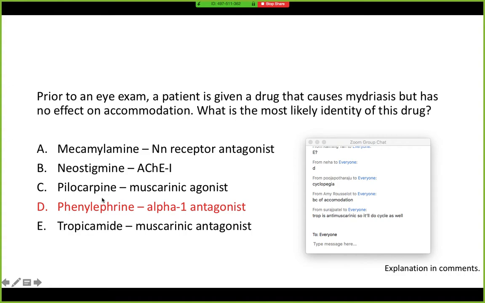So, with pilocarpine, instead of mydriasis, you're going to see miosis. And then with these other two, you'd also see cycloplegia. So phenylephrine, if you're looking for something that just causes mydriasis but has no effect on accommodation.